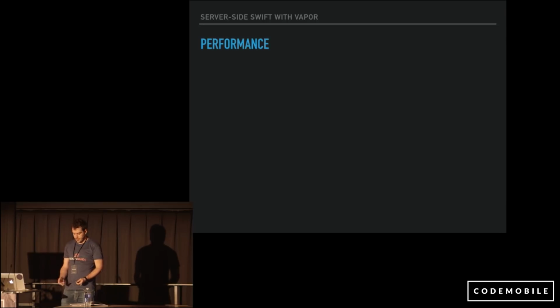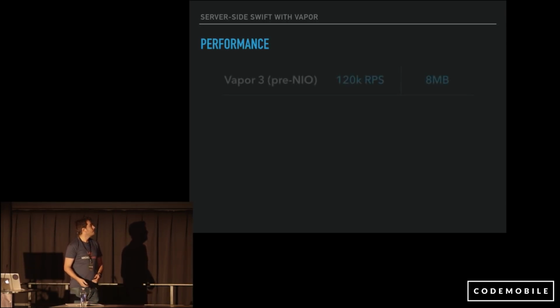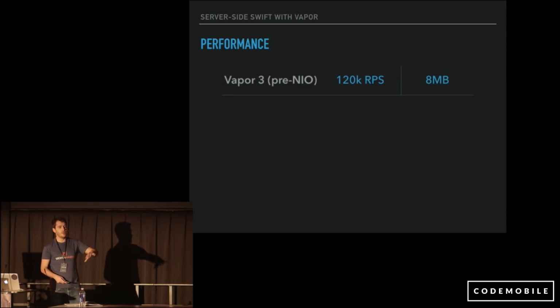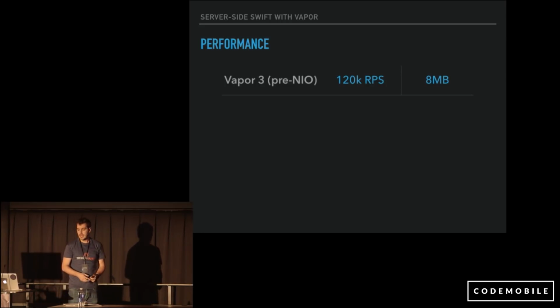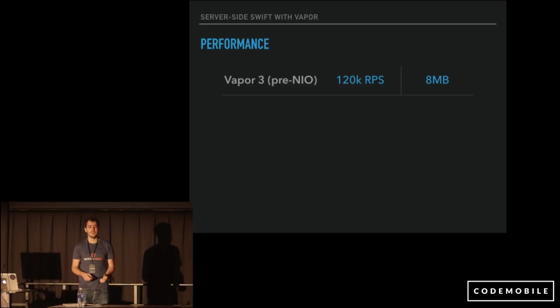Another aspect, if you're thinking about it from a performance point of view, is to look at Vapor 3, and this was pre-NIO, and I'll talk about what NIO is in a sec. Vapor 3 can handle, on a standard benchmarking test, around 120,000 requests a second, which is quite high. And its memory footprint is 8 megabytes, which is tiny.